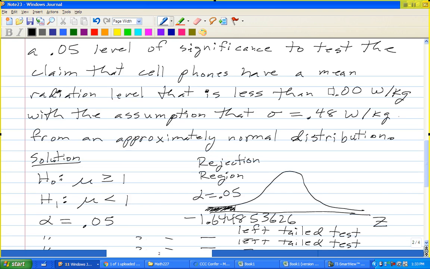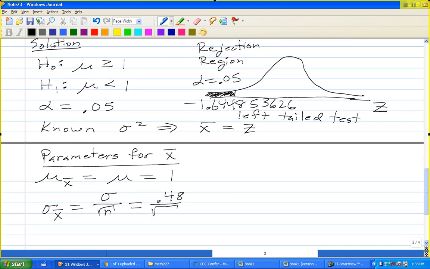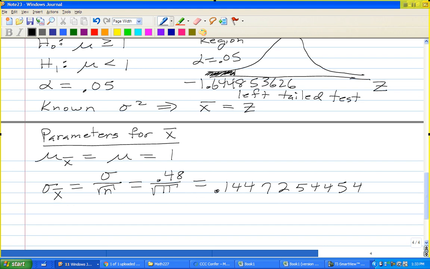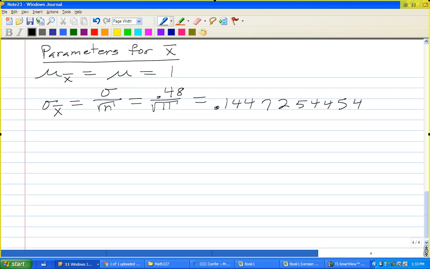So 11 of those. Plug that into your calculator, and you should get 0.1447254.